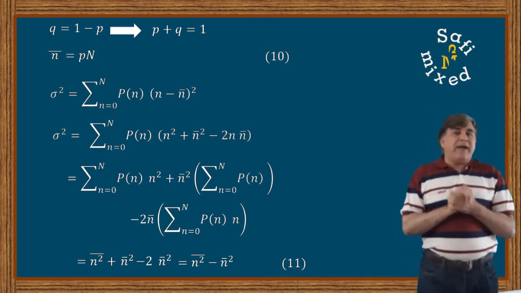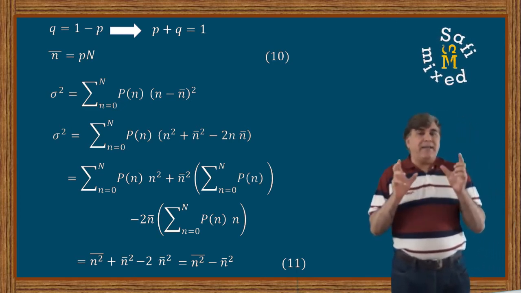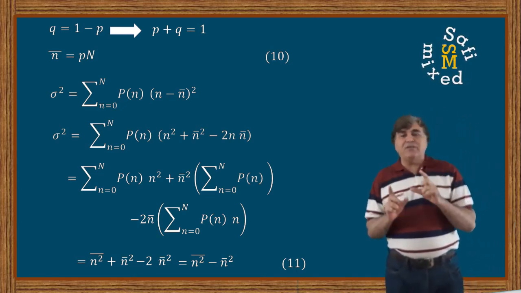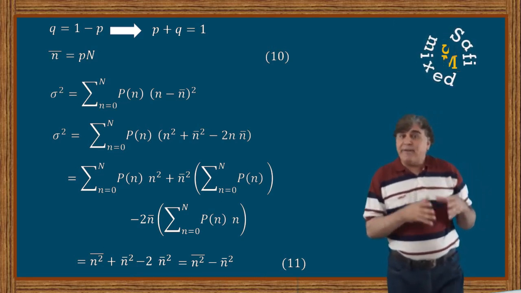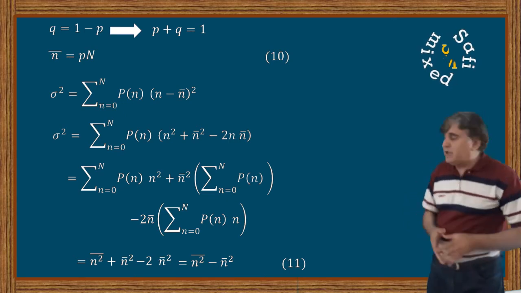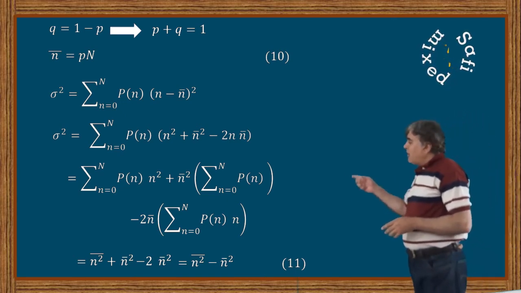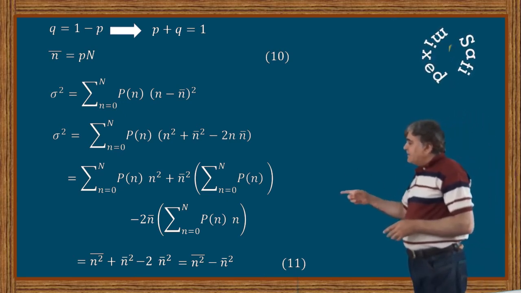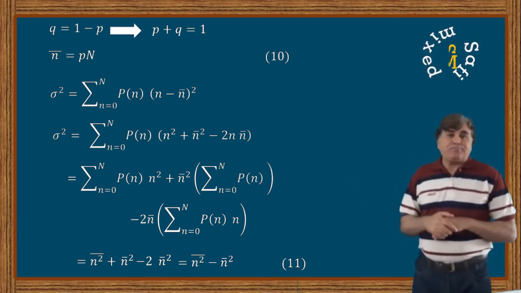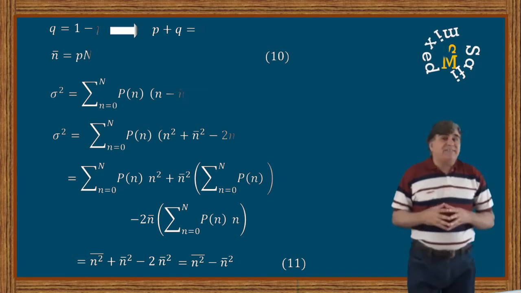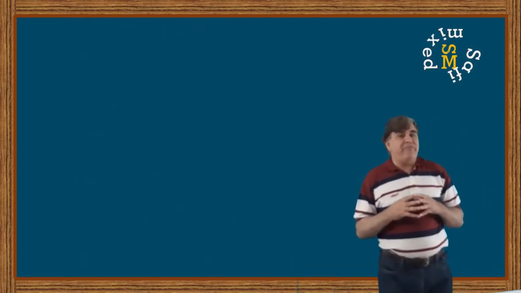So I can finally write the equation by combining the last two terms, that is n bar square minus 2 n bar square, which is equal to minus n bar square. In the final result, I can put it into the form: the average of n square minus the square of the average n. This is another very useful form of variance.